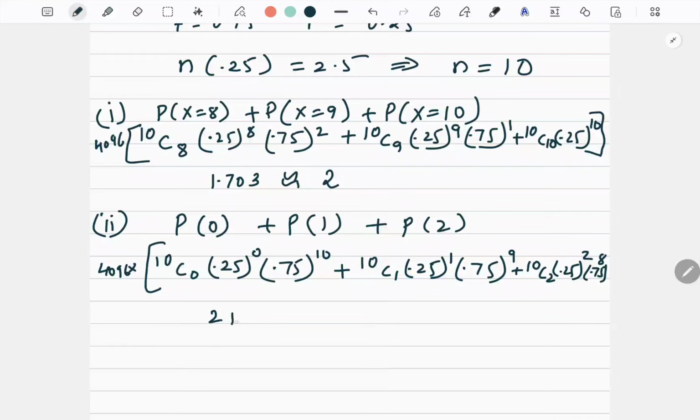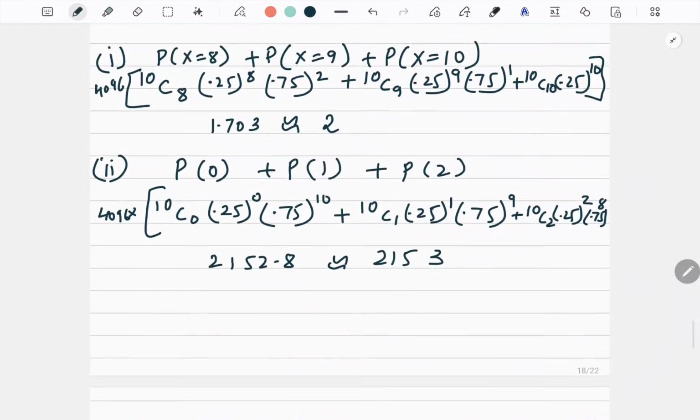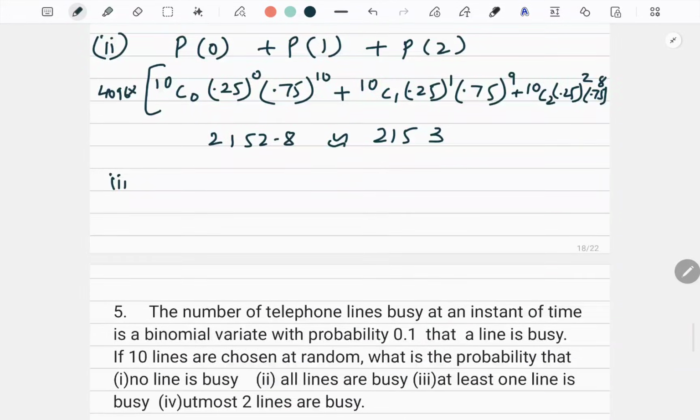So you will get 2152.8, which is approximately equal to 2153. Okay. Now what is the third part? Third part is 5 questions. So third part will be probability for x is equal to 5 into 4096. Right?